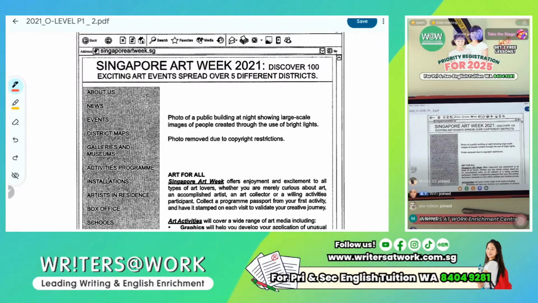So let me just set the expectations for this session first. I'm not here to give you all the answers. The answers can easily be found online. But I think the value that Writers at Work can provide today is the skill sets needed, such that when you want to do your O level practice paper on your own, you are able to apply these skills in order to obtain your answers and eventually the distinction at the O levels.